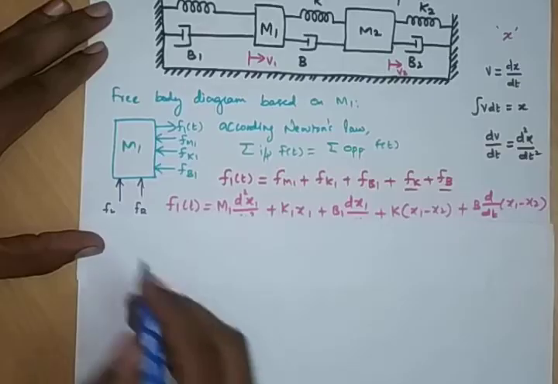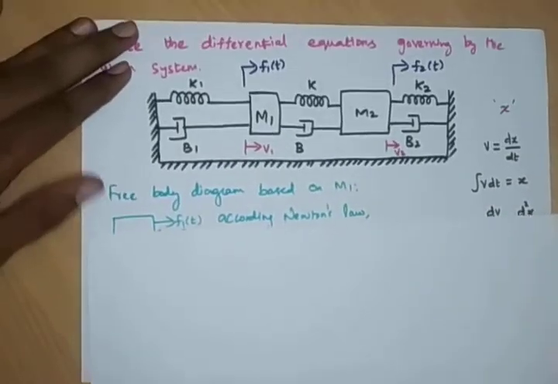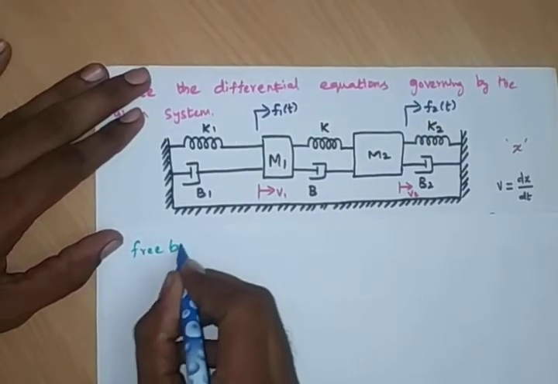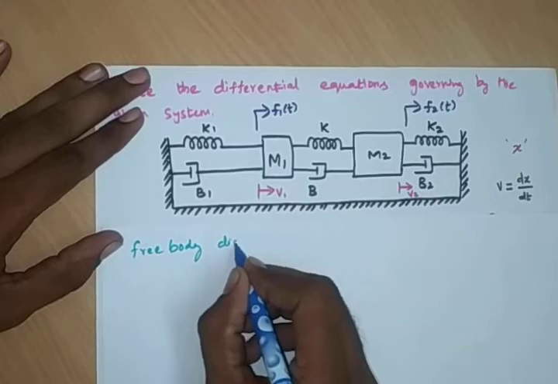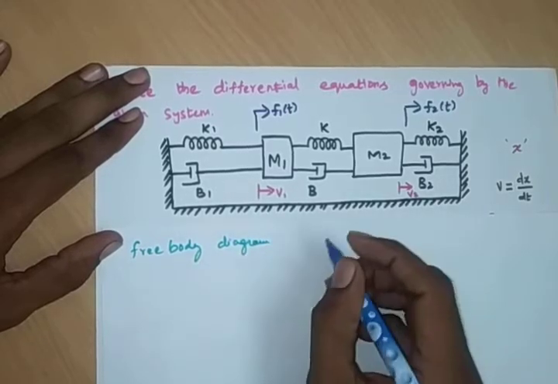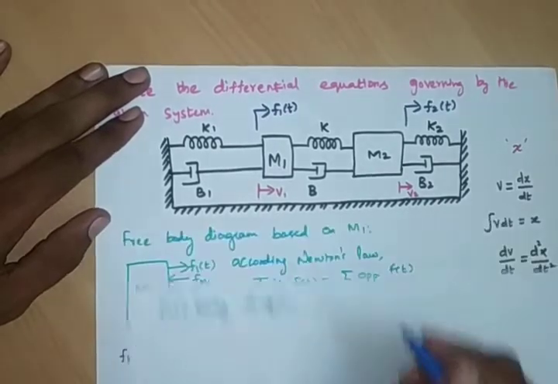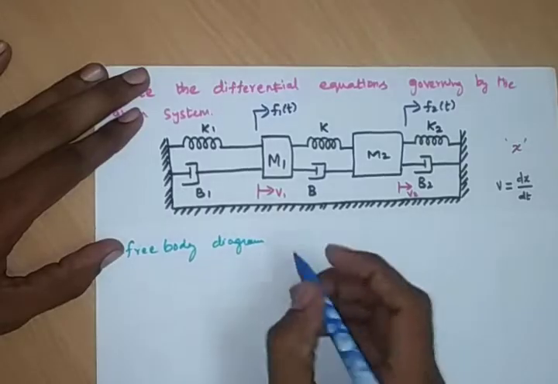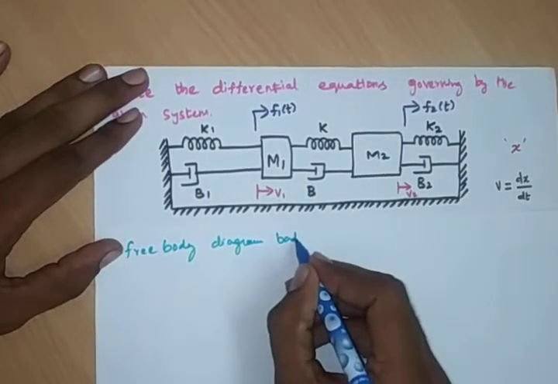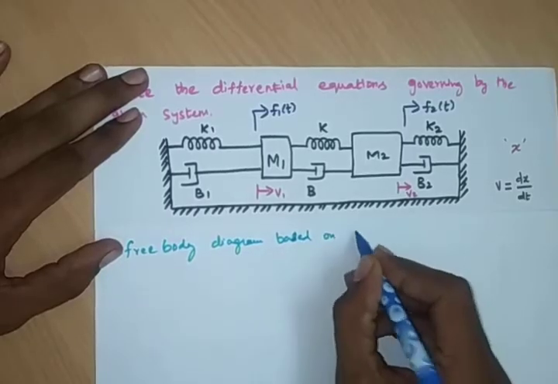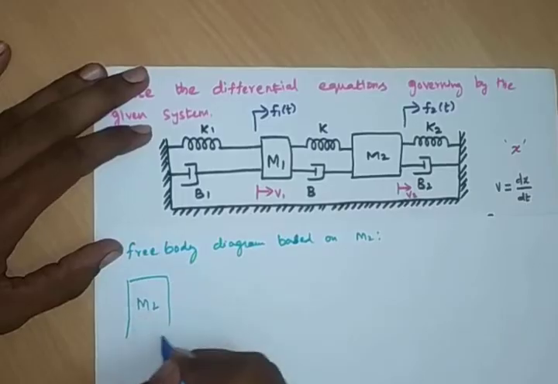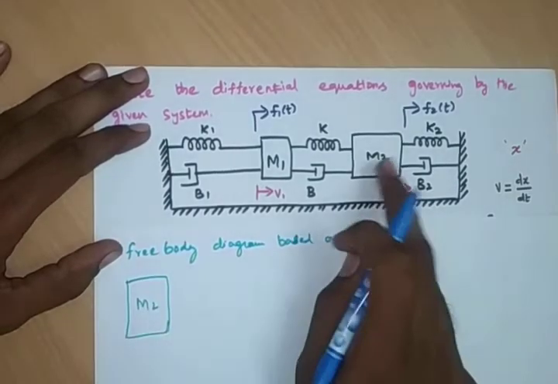So we'll draw the free body diagram. One part of our objective is getting over. First equation is already written. Now we are moving towards the second node. This is the second node.